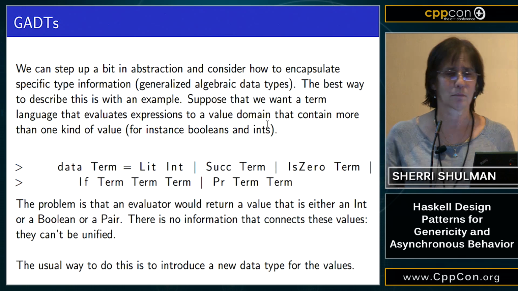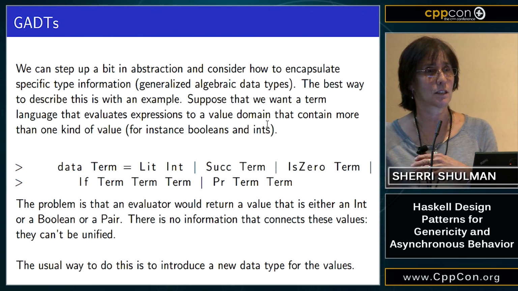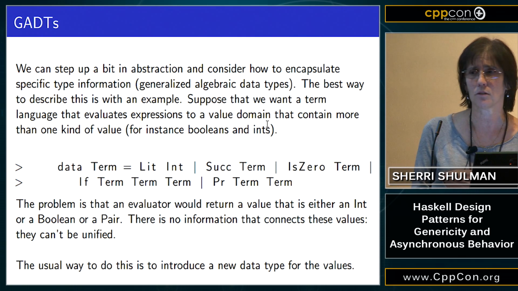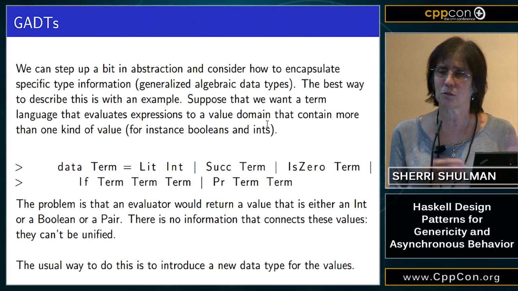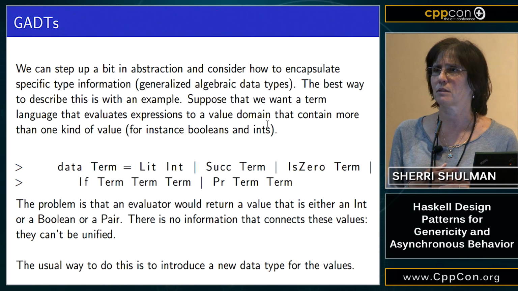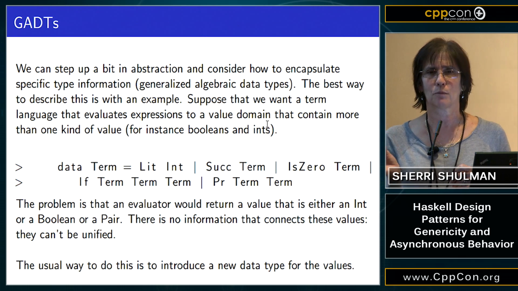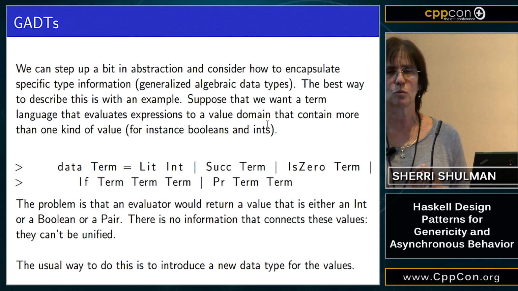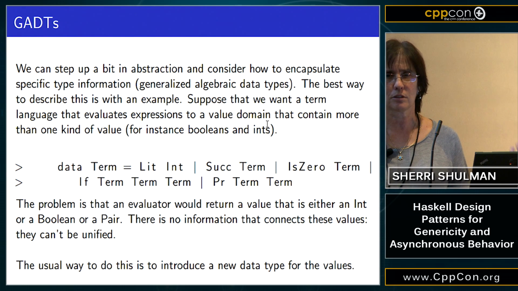And the pair value domain is actually a sequence of value domains. So I have an infinite number of value domains here. But even if we just look at Boolean and integer, I can't write an evaluator for it because there is no connection between Booleans and integers. So the type for the evaluator has to produce one result type. Boolean and integer just aren't it.